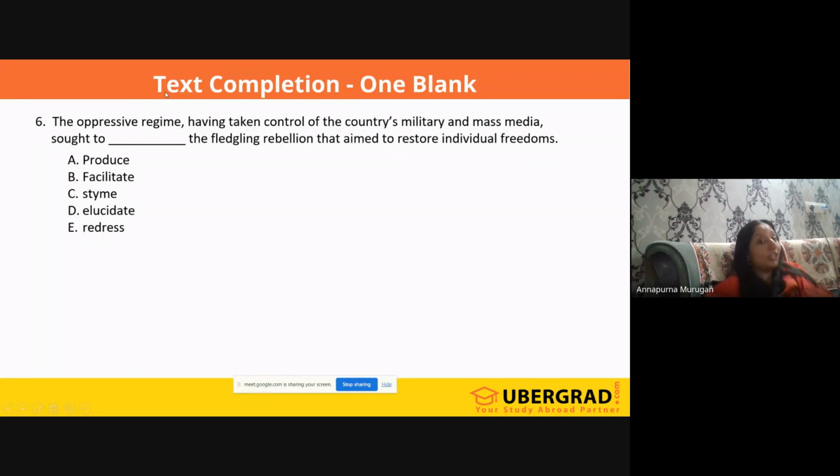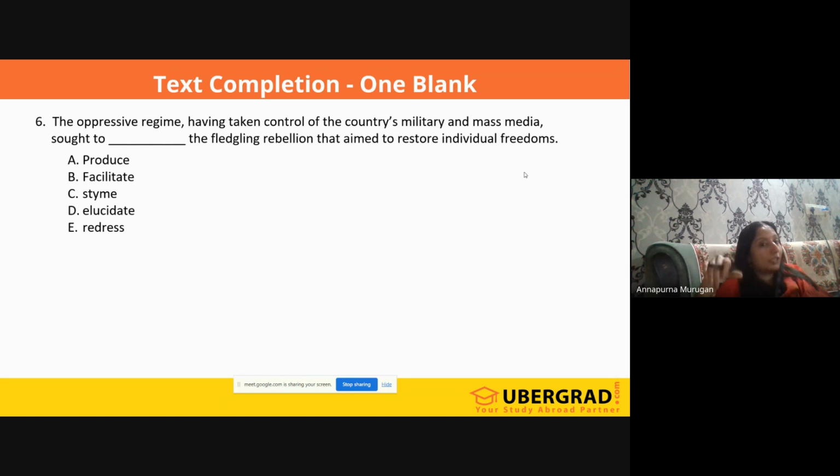This is a strong regime. That strong regime will be what? It will be either controlling or destroying the fledgling. Fledgling is what? The growing rebellion. Rebellion in the sense of what? Oppositions that want individual freedom.